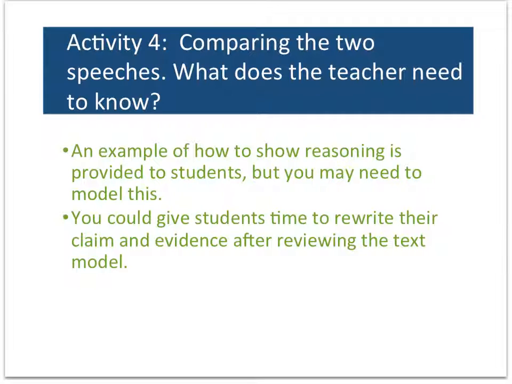When students finish writing that, they can read the model, and then there is an evaluation guide that they can use to evaluate their own claim and evidence and reasoning, and then revise if they need to. You can think about the ways that you could facilitate this in your classroom by having students work together, by sharing out, by modeling, by doing those things that you know will help to make this activity work.